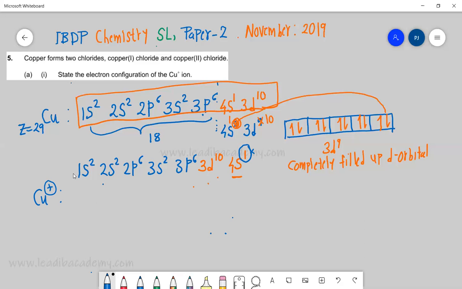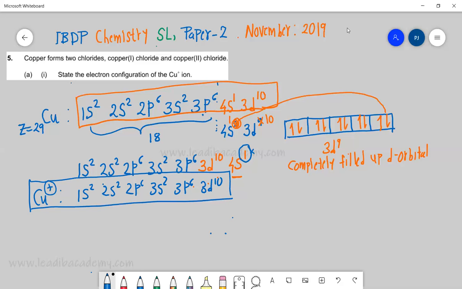That means 4s will not have any electron, and what will be left is 1s2, 2s2, 2p6, 3s2, 3p6, and 3d10. Extremely simple. So the final electron configuration is this. This is very, very important.